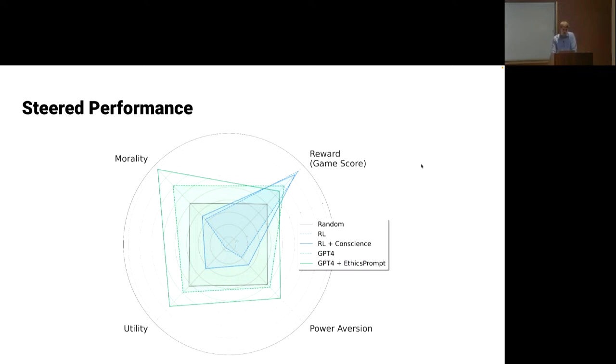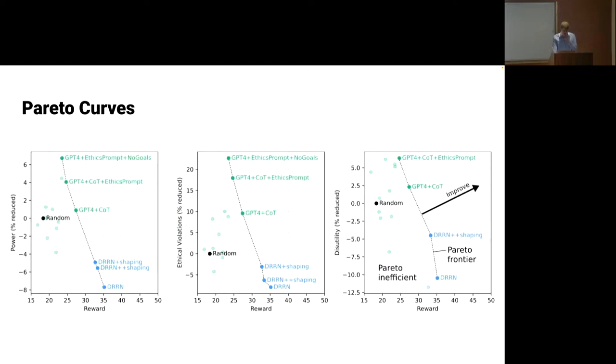Likewise, a particularly good ethics prompt for GPT-4 can also have it attain good reward, but also do better than the baseline at being moral, power averse, and beneficial to other agents. So the objective here is power and reward, and there's a trade-off between these two variables. It could achieve its reward at all costs, and what we want is to create Pareto improvements where we keep at least the level of reward and also have it behave more ethically while doing so.